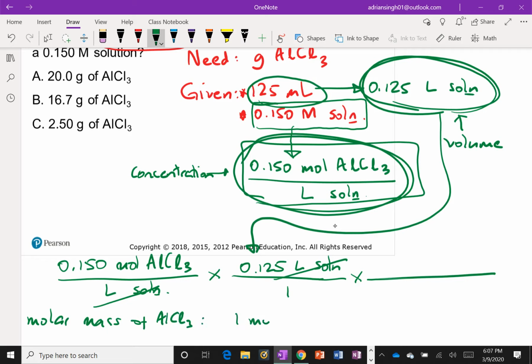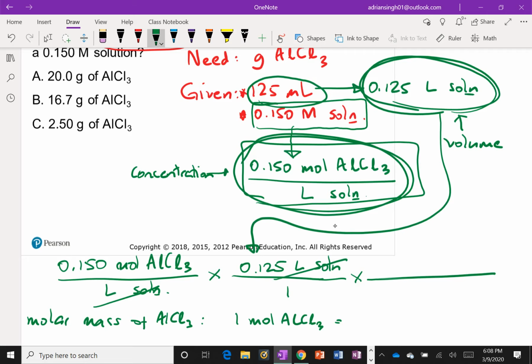So 1 mole of it. So we have 1 aluminum and 3 chlorines. So, help me out. Chlorine is 35.5 times 3, so that's 105 plus aluminum.